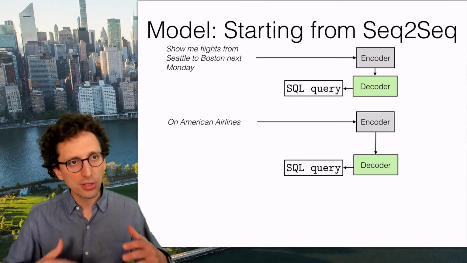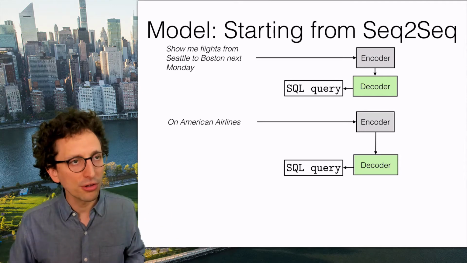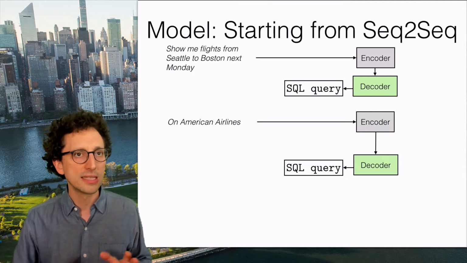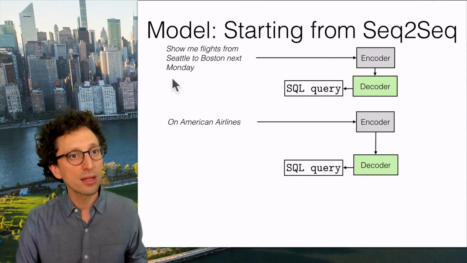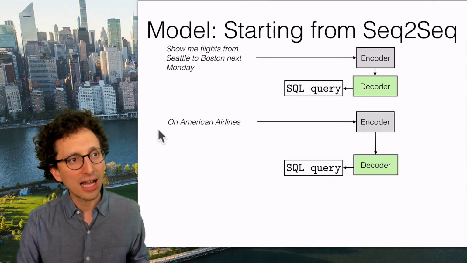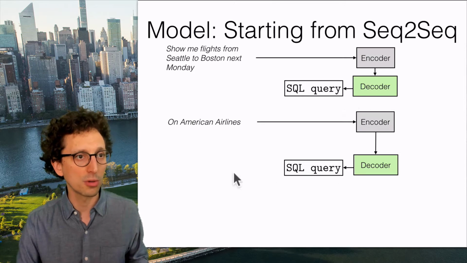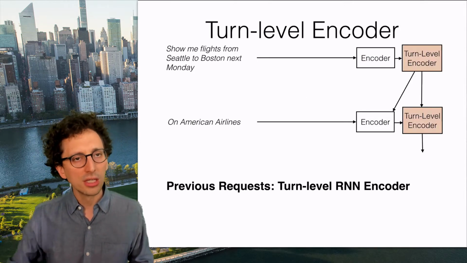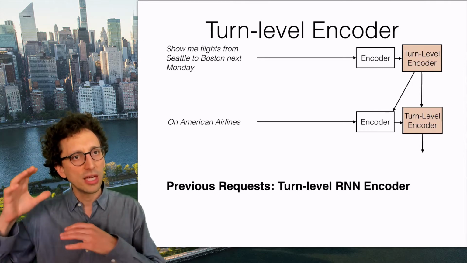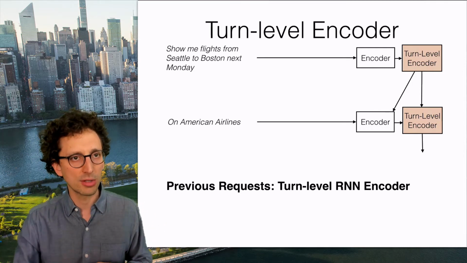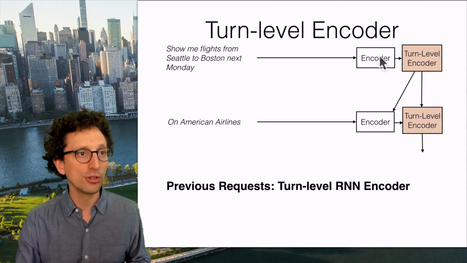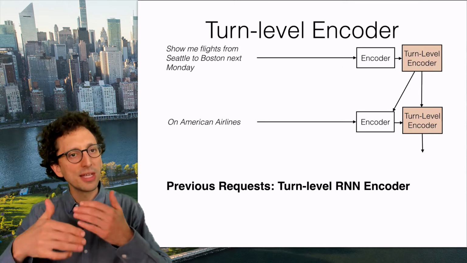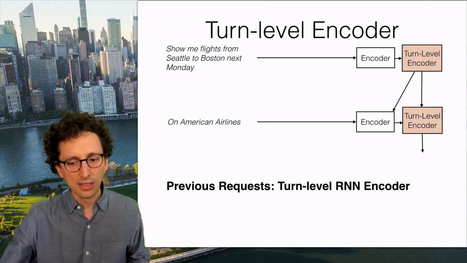Okay, so how do we put these two mechanisms into a model? So we start with a very simple sequence-to-sequence model. In this case, the sequence-to-sequence model looks at every utterance in isolation, puts it through the encoder, and the decoder generates a SQL query. So the first thing we do is we add a turn-level encoder. This is an RNN that computes a hidden state for every utterance from its encoded representation and is updated at the utterance level.